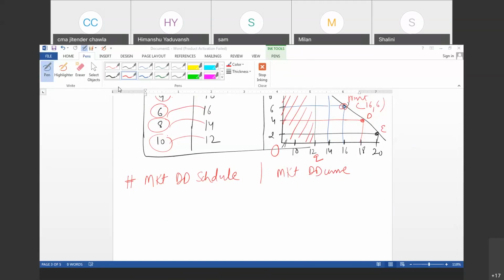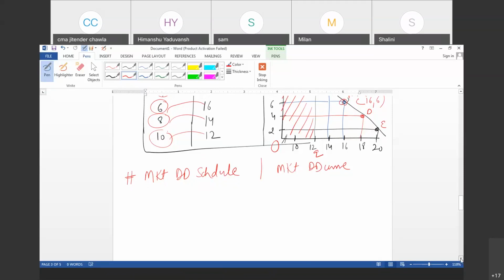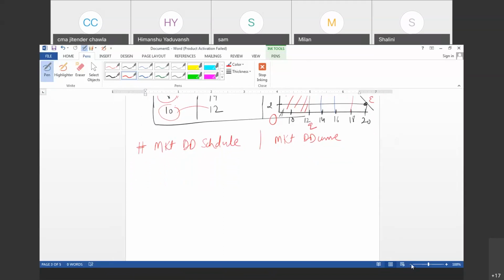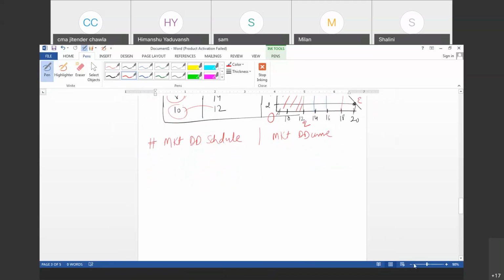Okay, let's begin. To start with understanding of this concept, let's start with another hypothetical example.